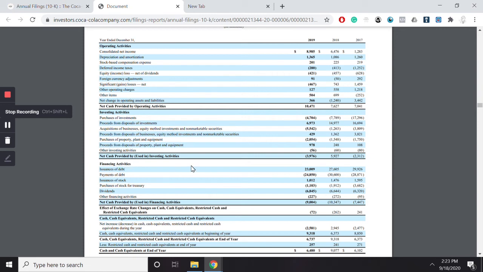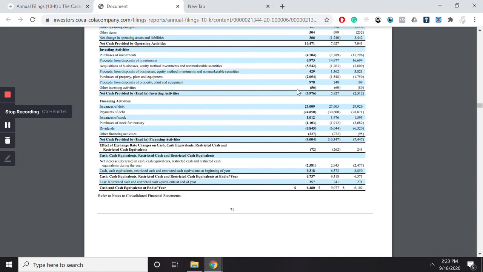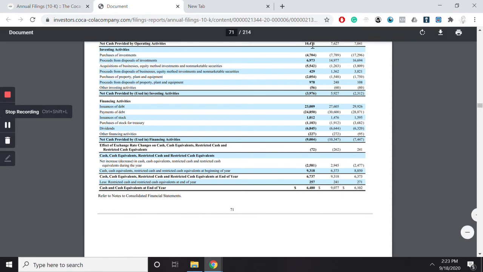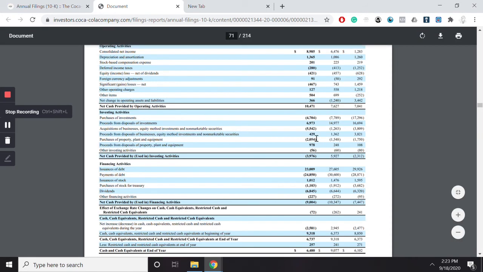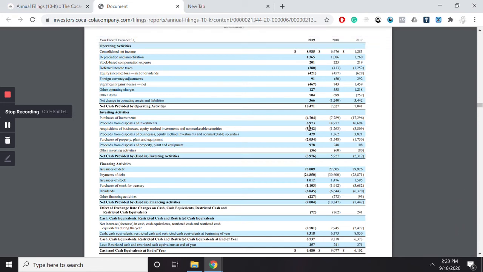It's only an issue when the overall cash flow is really hurting. So you want to look at stuff like this: net cash from operating activities, net cash from investing activities, and then cash and cash equivalents at the end of the year. So it's slightly down from the year before, but if we take a look at the numbers, a lot of that is from the acquisition of Costa Coffee, which I believe was about 4 billion.